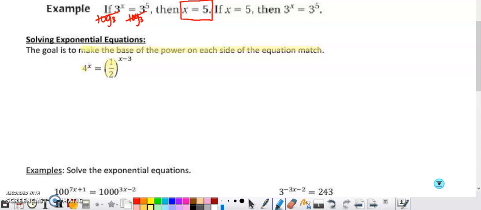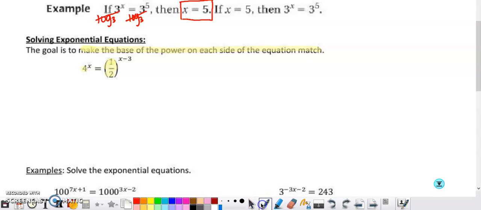This could mean that you leave one base alone and you change the other base in order to match it, or in certain, more complicated cases, you might need to adjust or manipulate both bases to make them look the same. So what you want to focus on is how can we rewrite the number 4 and possibly the number 1/2 so that they look like powers with the same base number.